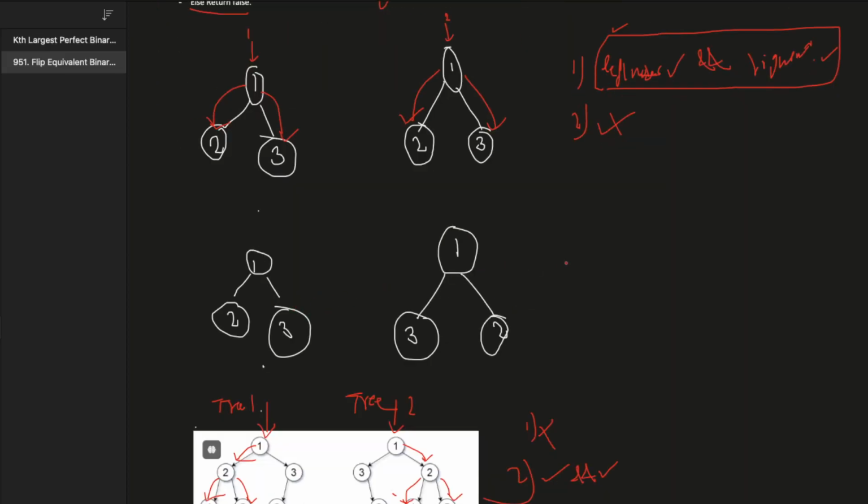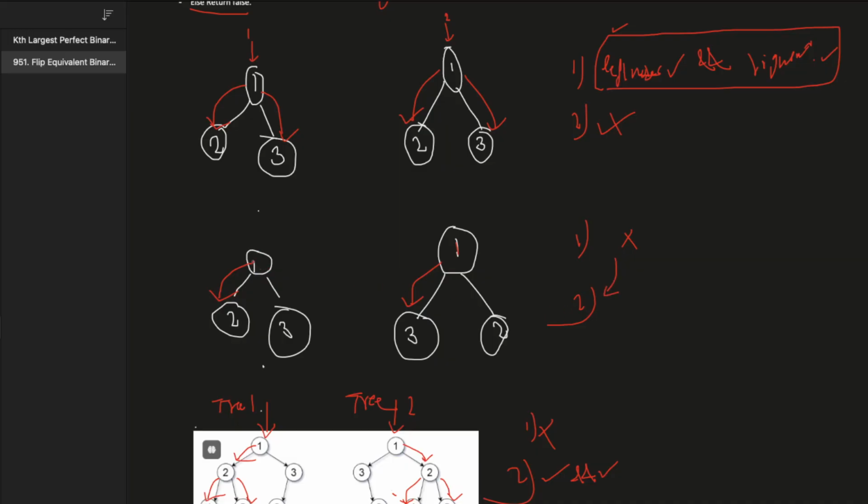Let's look at this one. We have the first condition and we have the second condition. We'll check whether the root is equal to this root or not. They are equal. Now I'll check on the left and I'll check on the left. 2 is equal to 3? It's not, right? So this condition failed. So I'll go directly to the second condition.